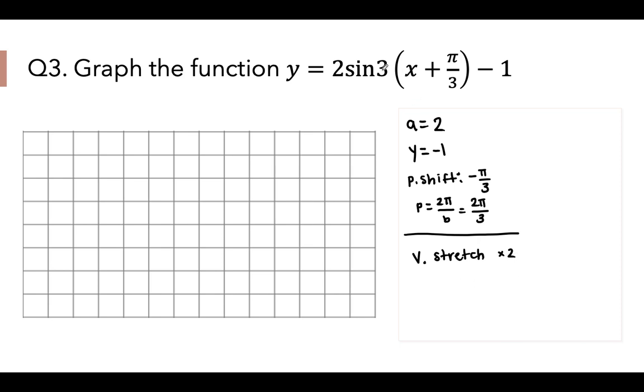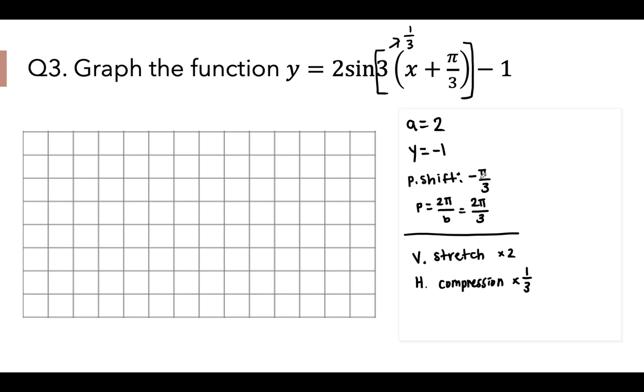And for 3, it's technically inside the sine function. So 3, if I were to take it out, becomes 1 over 3. So it's less than 1. So we say it's a horizontal compression by a factor of 1 over 3.